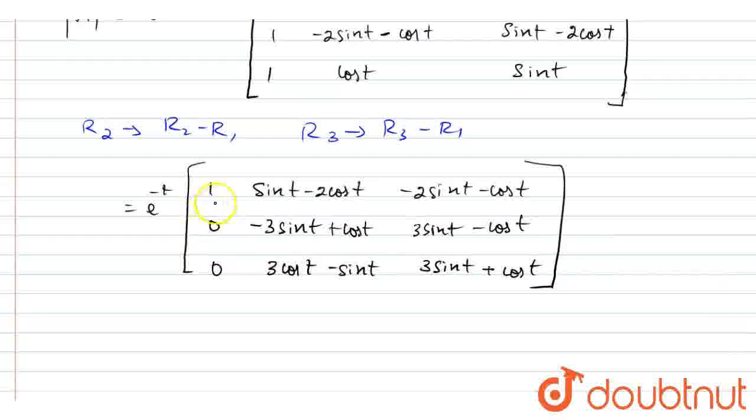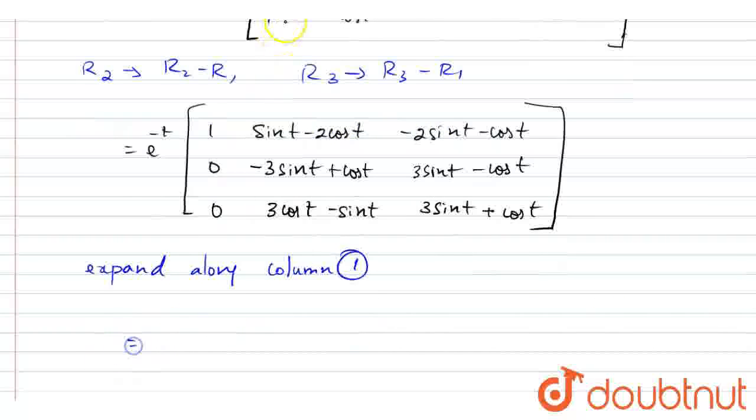Now here in the first column the first two row values are 0. Okay students, so I'm going to expand this one along column 1. Therefore we will get e^(-t) into 1 into this value.